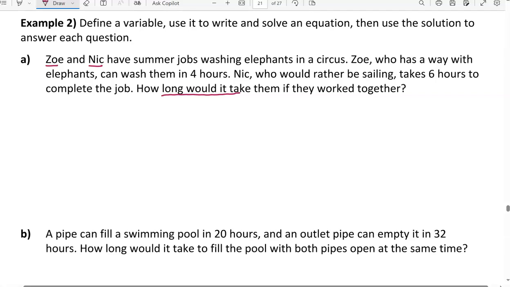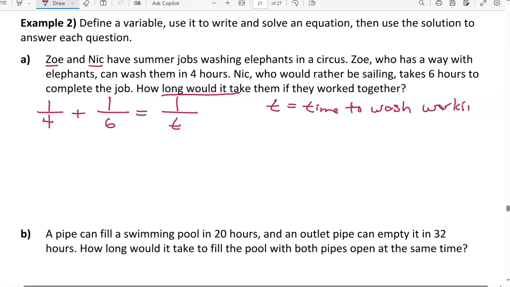So 1 over Zoe's time, which would be 4, plus 1 over Nick's time, which would be 6 hours, equals 1 over their time together, which we're going to call T. So T is equal to the time to wash the elephants working together.